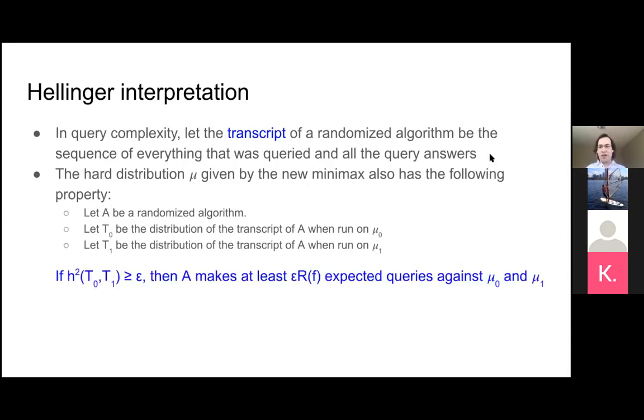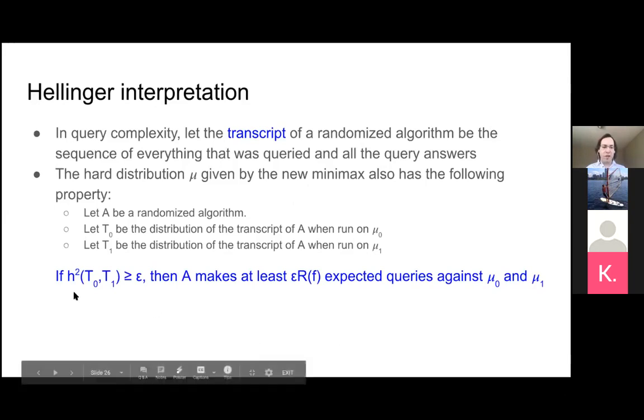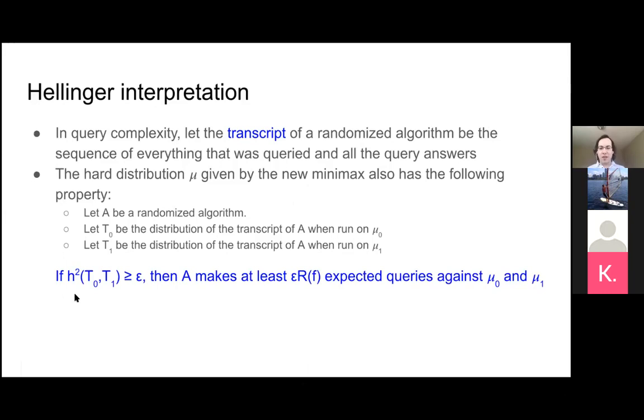And you can interpret our minimax as saying the following as well: if your algorithm achieved squared Hellinger distance at least epsilon between its transcript on the 0 inputs and its transcript on the 1 inputs, for fixed distributions mu 0 and mu 1, then it must have made at least epsilon times R of F expected queries.